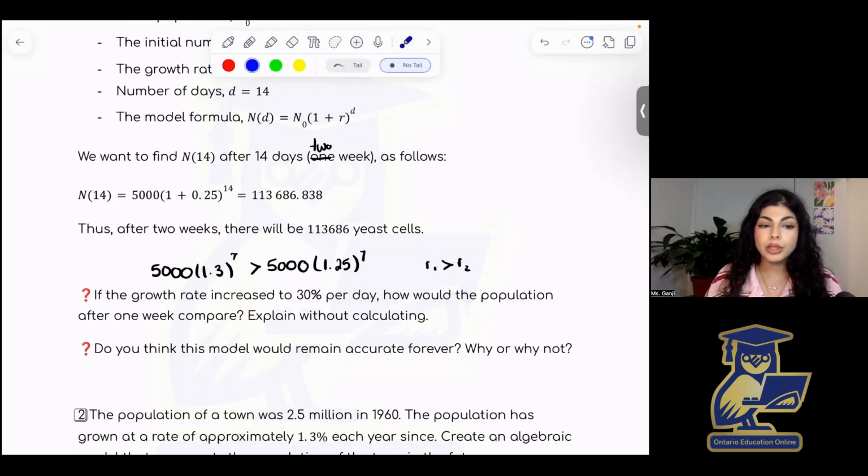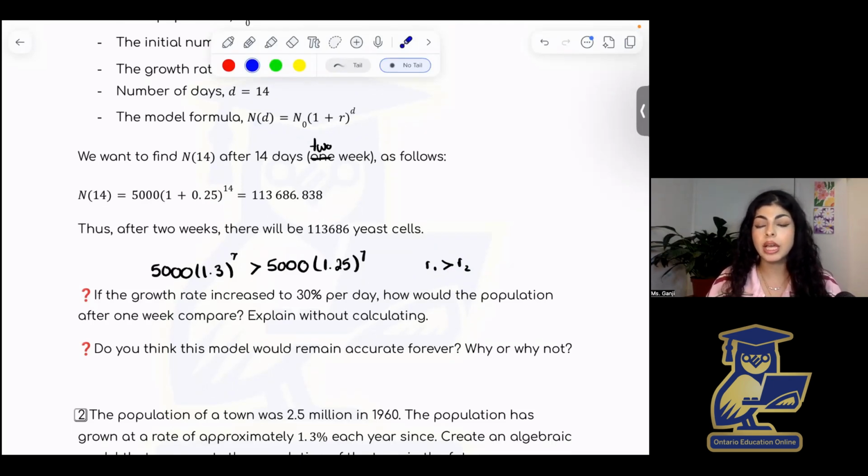And then I want you to think whether this model would remain accurate forever. And specifically in the context of real life that we're talking about, can we use this formula indefinitely? Why or why not? So again, no, not really. It would not remain accurate forever. In real life, of course, there's many factors, especially when it comes to something like the population of yeast cells.